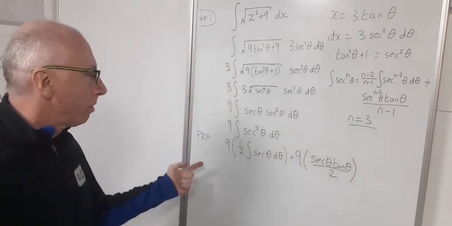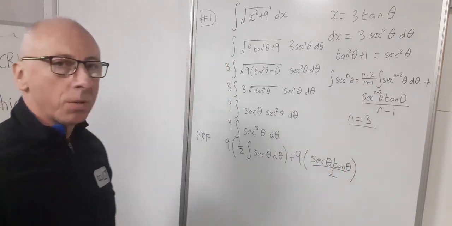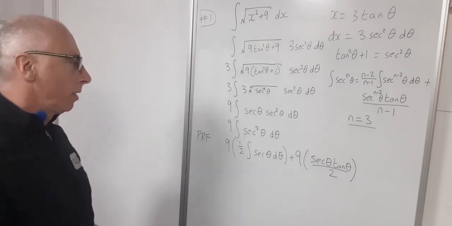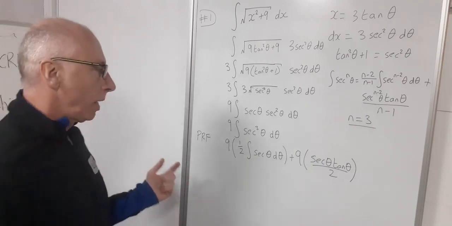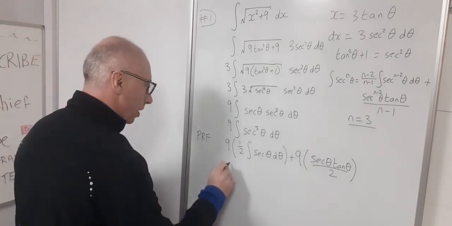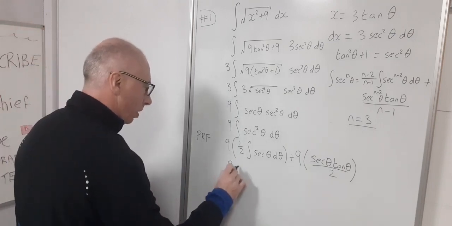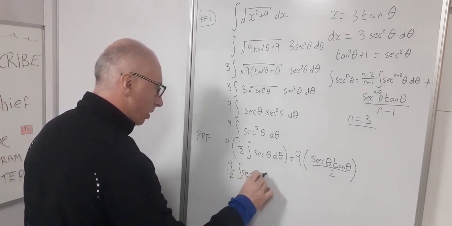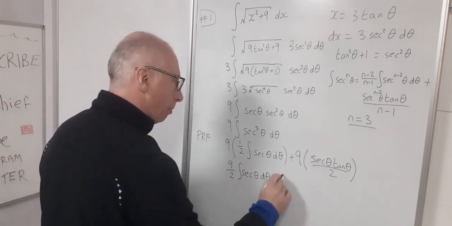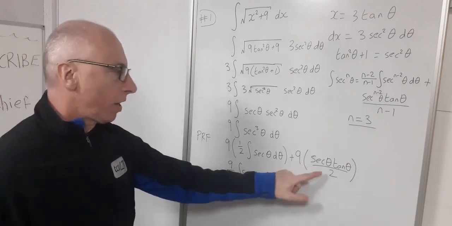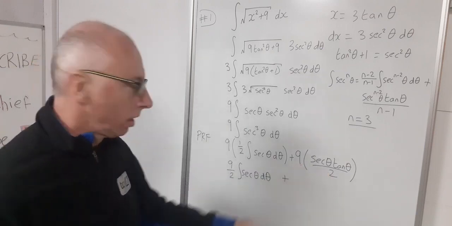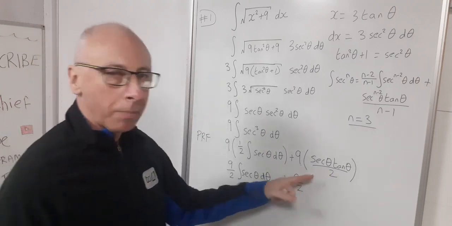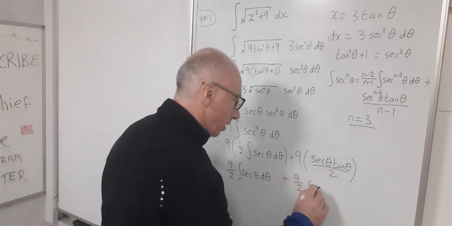So that's my power reduction formula enclosed in this part here. Okay, now let's just clean this up a little bit. So now I've got 9 over 2 times the integral of secant theta d theta, plus here I've got 9 over 2 as well. So here I've got 9 over 2, and I multiply that by secant theta tan theta.